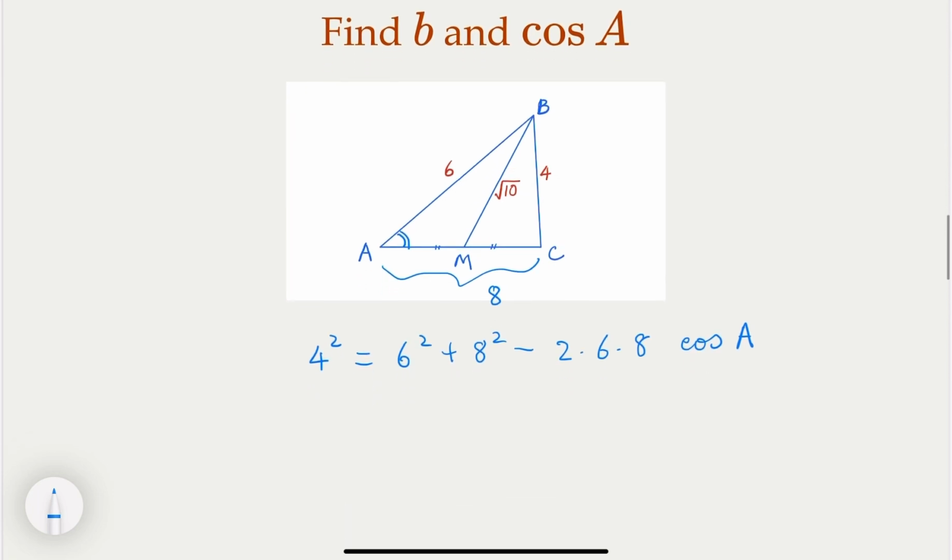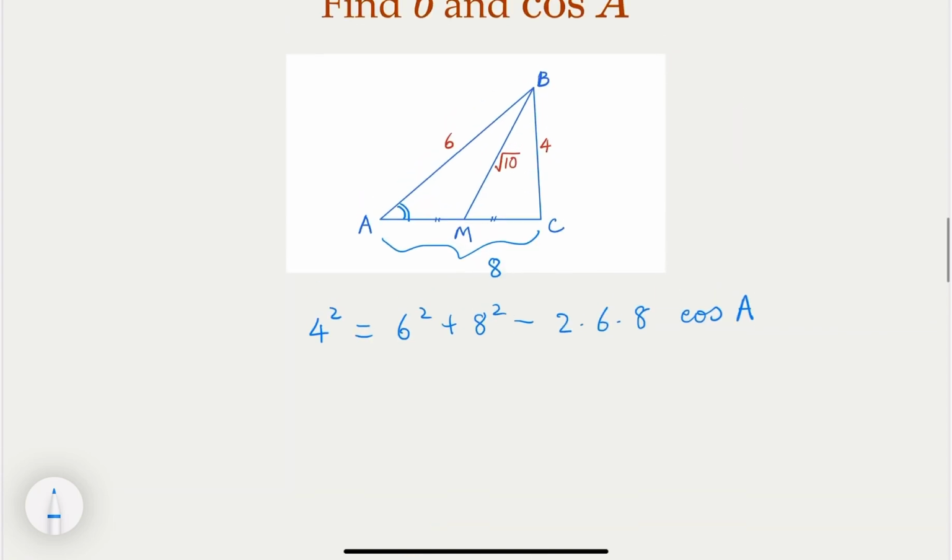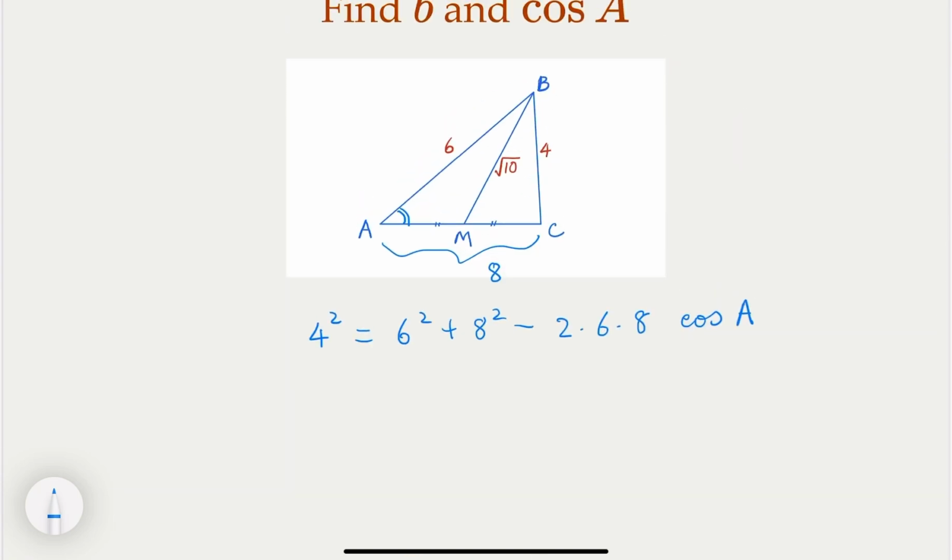So if we simplify that, we get 16 equals 100, since 6, 8, 10 is a common Pythagorean triple, minus 96 cosine A.